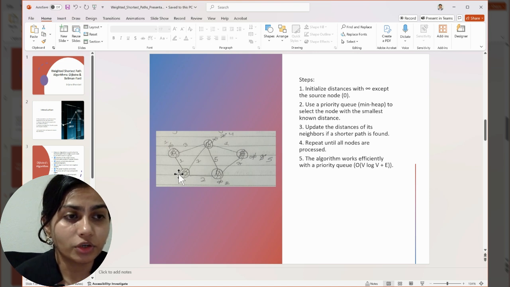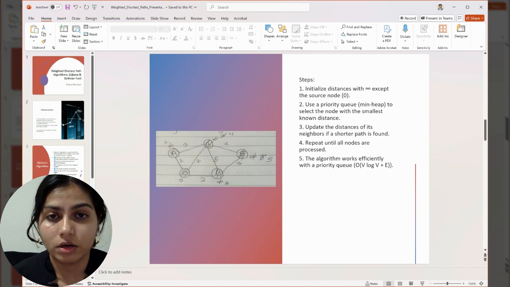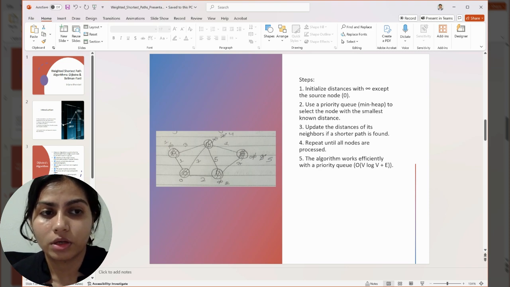If a shorter path is found, I update the distance, and I repeat until all the nodes have been processed. That's how I solve Dijkstra's algorithm. Using a priority queue, the algorithm runs very efficiently, with a time complexity of O((V + E) log V).